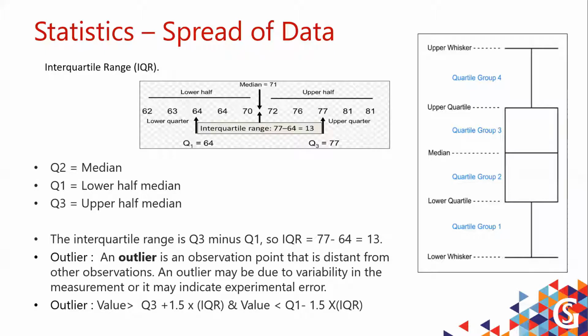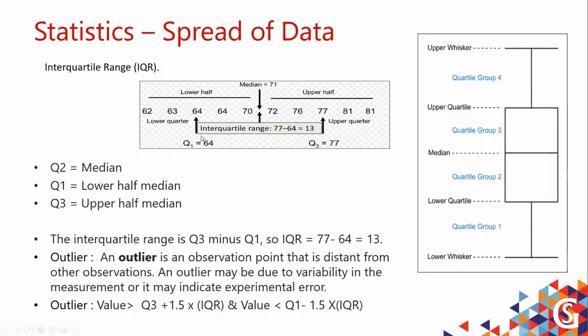When we take the median, the lower half of that set is called the lower half, and then the upper half is the second half. In that half, you again split it or take the median. That becomes your lower quarter, Q1 and Q2. And the upper half, if you split it again with the median, becomes Q2 and Q3.